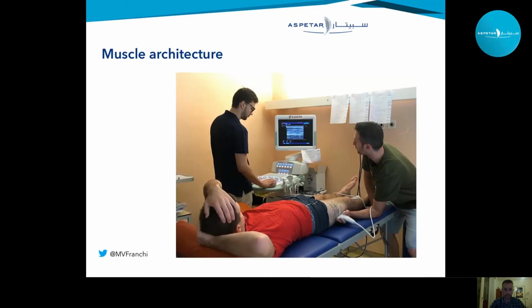If you're not familiar with muscle architecture, it is usually measured via ultrasound assessment, ultrasound scanning.